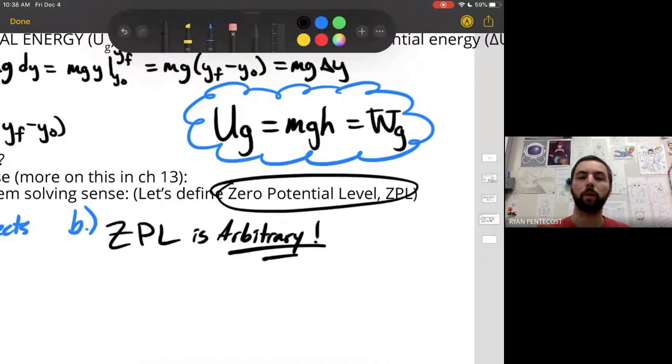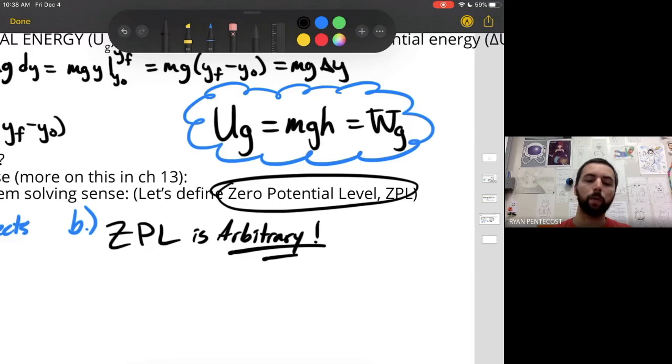We will go into more in our next video, which is all about the zero potential level. But no matter where you put it, the problem is going to work itself out as long as you do the work appropriately. Now, there is a right and a wrong place to put the ZPL, because your goal is probably not to make the problem as hard as possible.